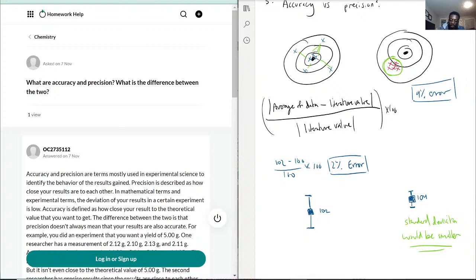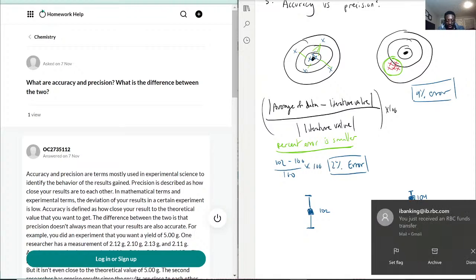And for the more accurate one, percent error is smaller. The reason I love this question is that it fascinated me the first time I learned the difference between accuracy and precision. I just love explaining it every time.